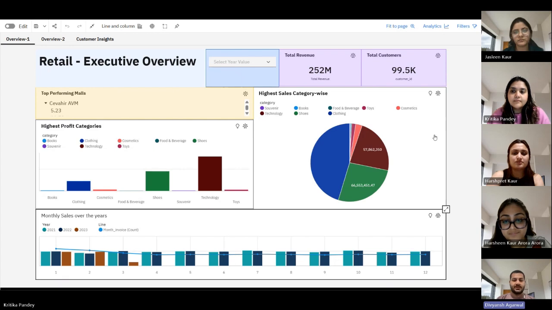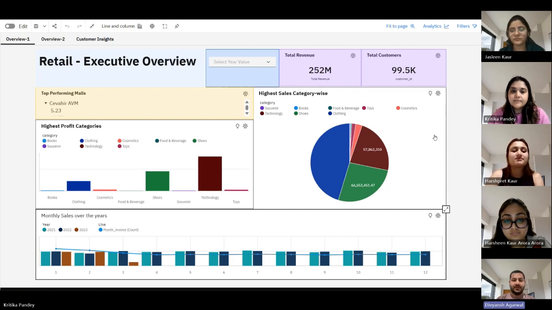And the next pie chart breaks down sales by category. This basically tells us the maximum revenue achieved by different categories. In this, we can see that technology and food and beverage are dominating the volume.